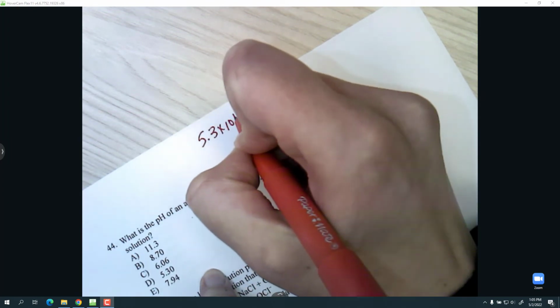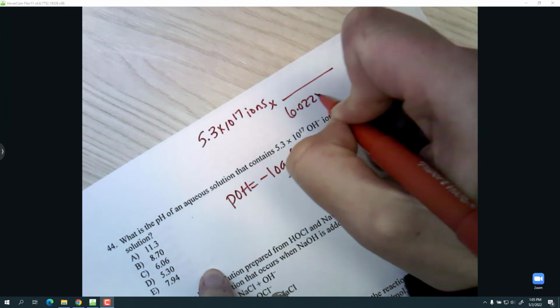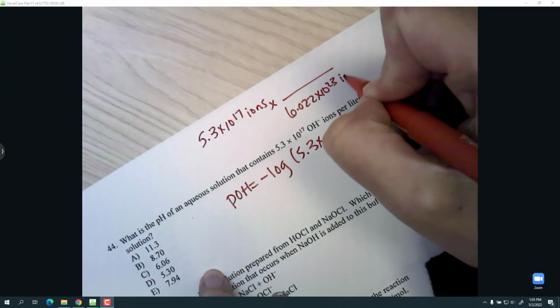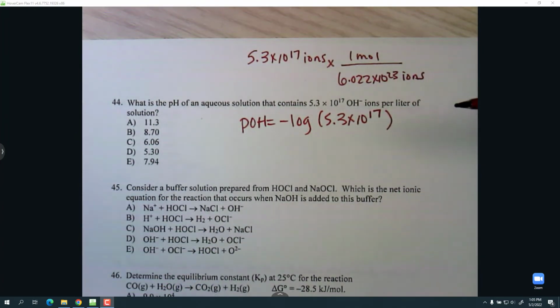I need to use Avogadro's number. Remember, Avogadro's number counts electrons, atoms, molecules, or ions. Anything. A mole is just like a counting unit.